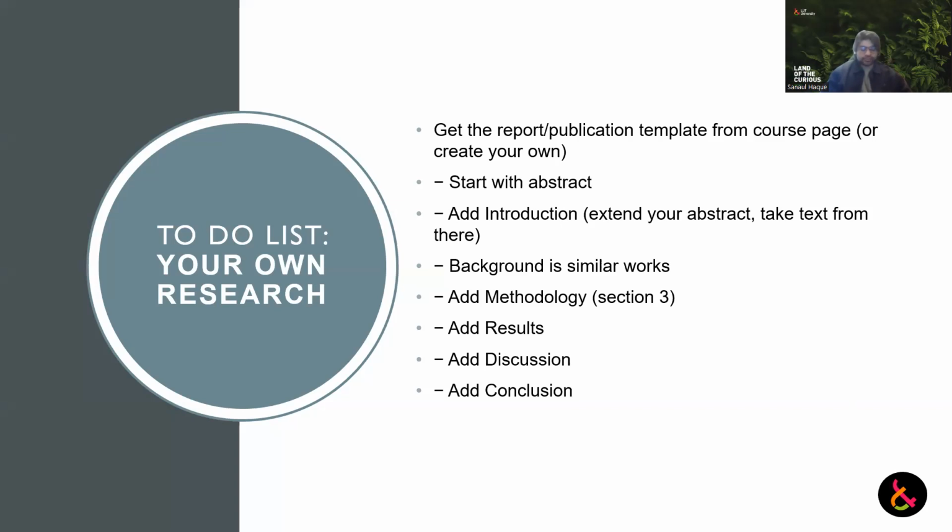So I will be following that as a part of the coursework of this personal interest study course, and at the same time, we'll be working on this submission. Start with the abstract, then add the introduction, background, similar works, and just do this practice by yourself.